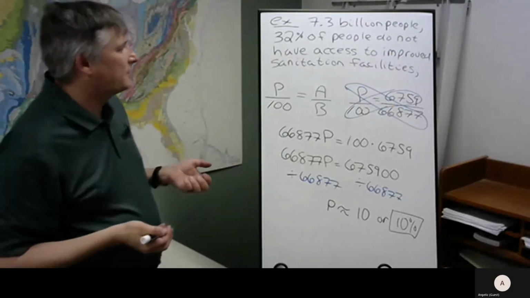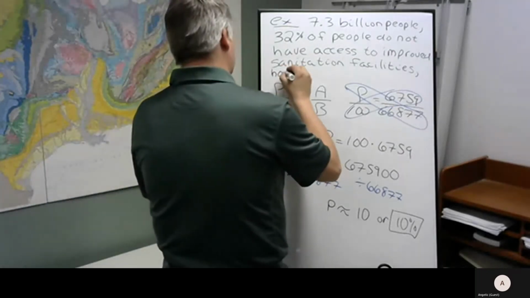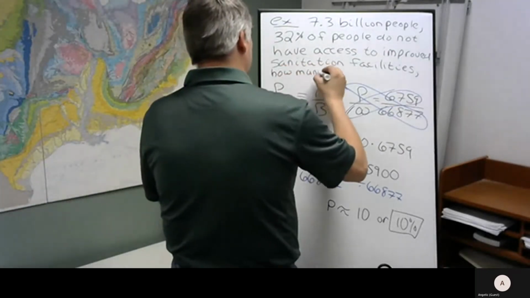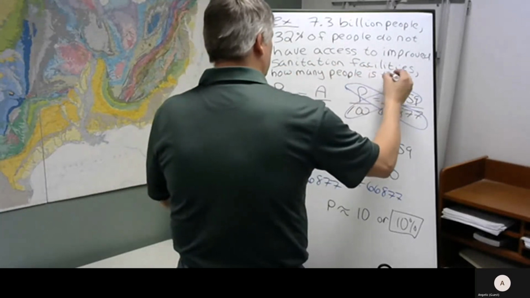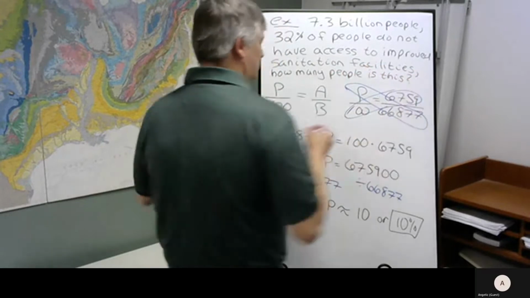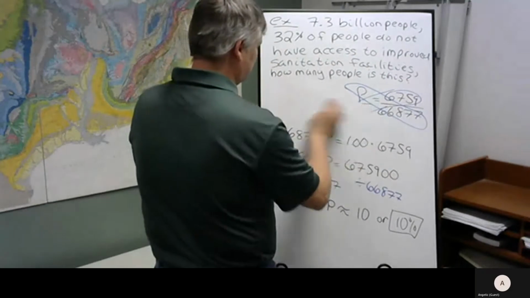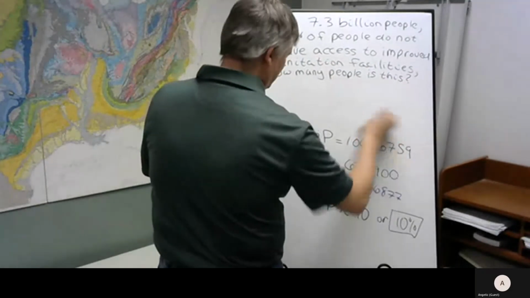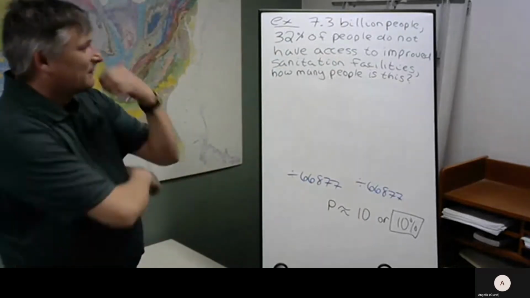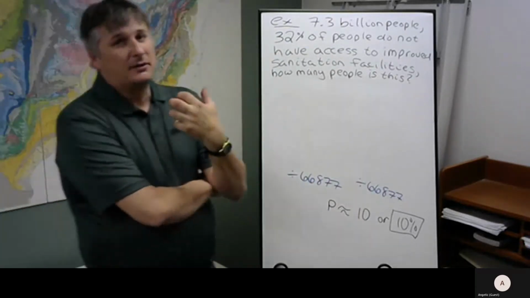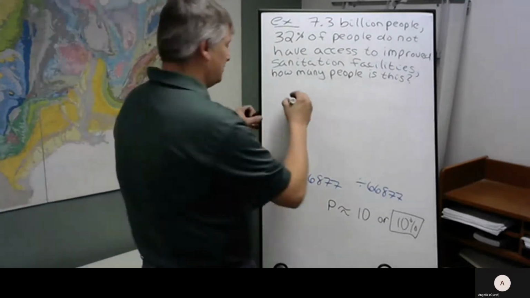So what we want to find out is, how many people is this? All right. So the trick here again is we want to identify the percent, the amount, and the base. Well, a percent's easy.